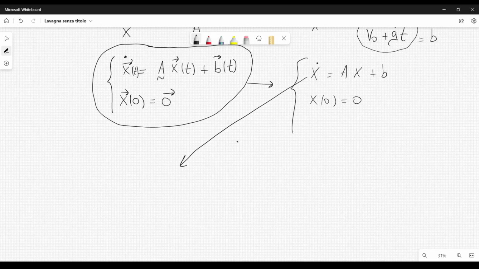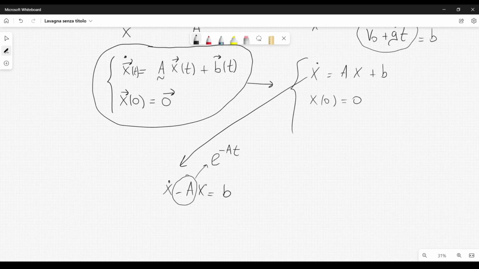We have to rewrite the system like this: x dot minus a x equal to b, and we take the factor that multiplies x, we exponentiate it, so we take e to the minus a times t. And remember that a is a constant, so we have to integrate minus a, and when we integrate minus a, we get minus a times t.